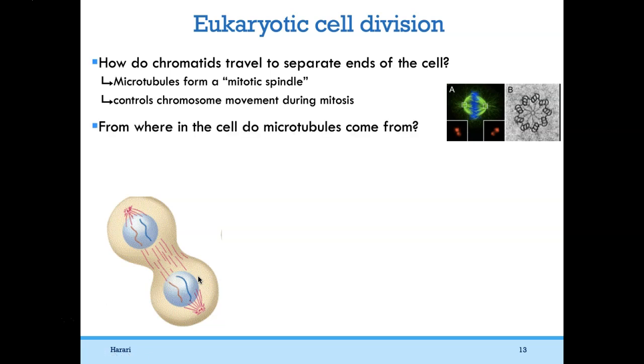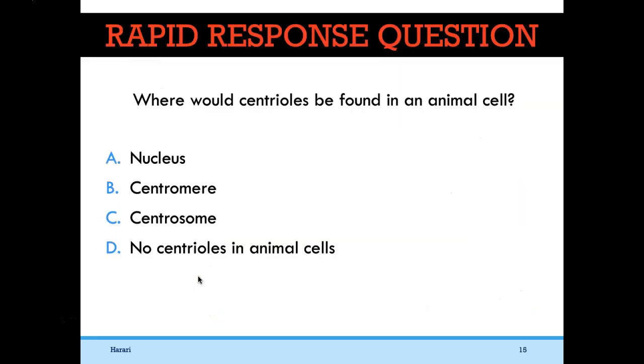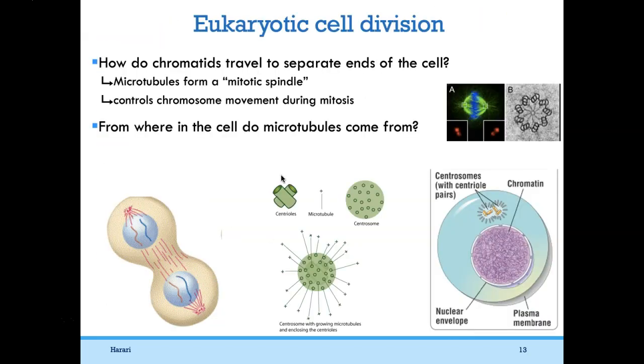So from where in the cell do microtubules come from? Do you remember? So the centrosome. The centrosome, right, is the microtubule organizing center in animal cells. And the centrosome contains centrioles, and that's where microtubules come out of.